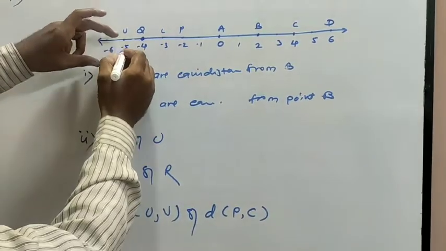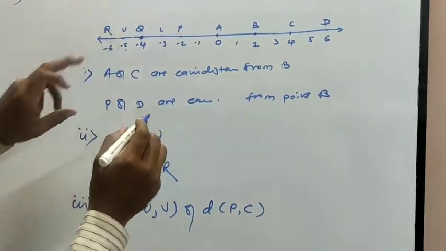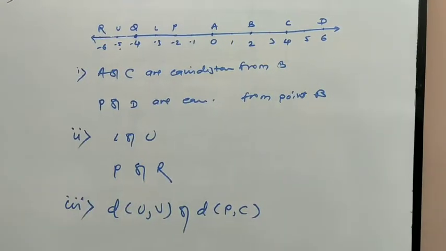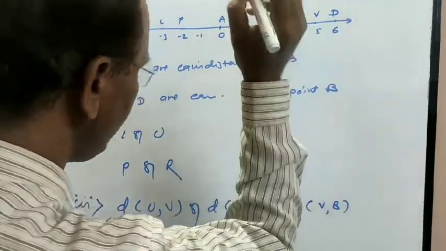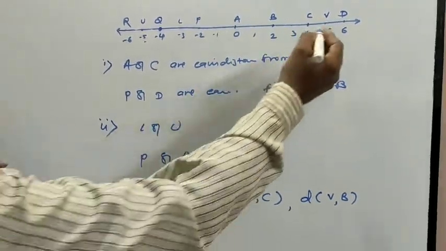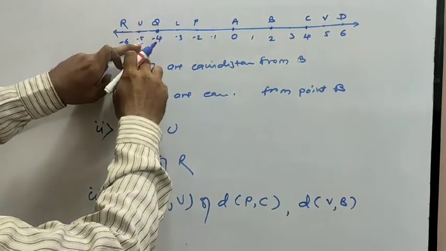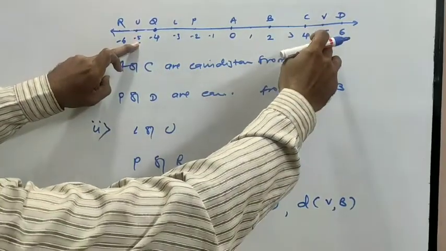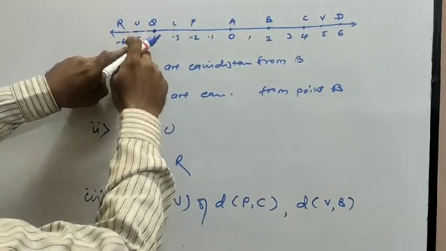Coordinate of point U is -5, and coordinate of point V is 5, which is bigger than -5.